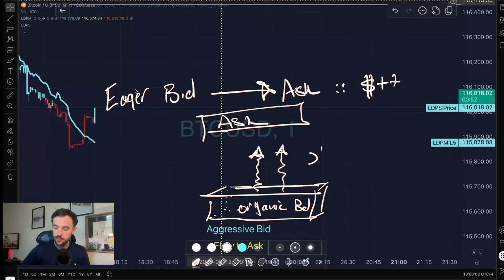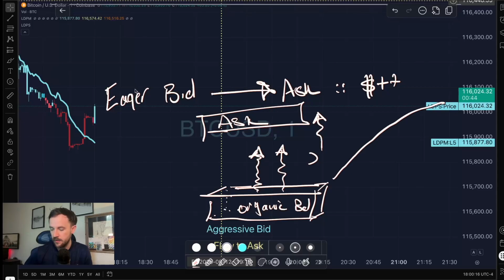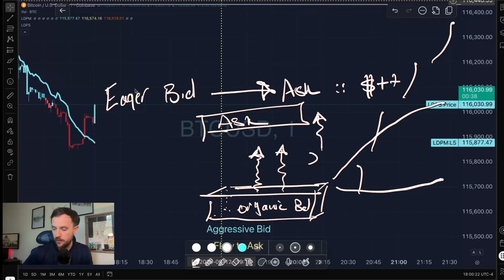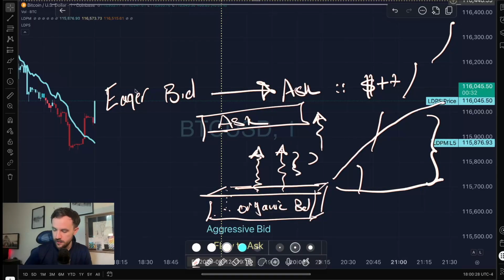And this will help drive price up. You will see this a lot when you have those really big distances between LDPMs and price has been driven upwards. This space is the difference here between those different levels of LDPM and the different parties in the market.